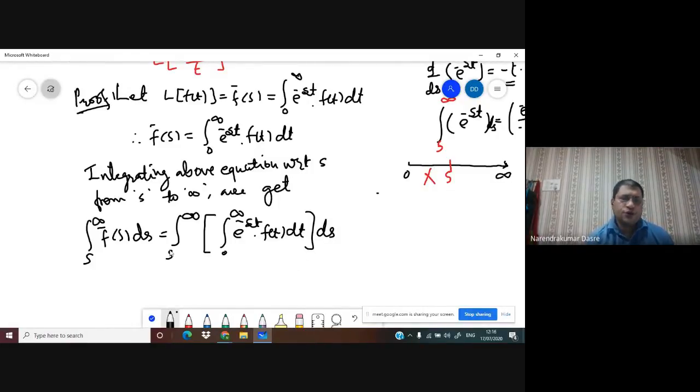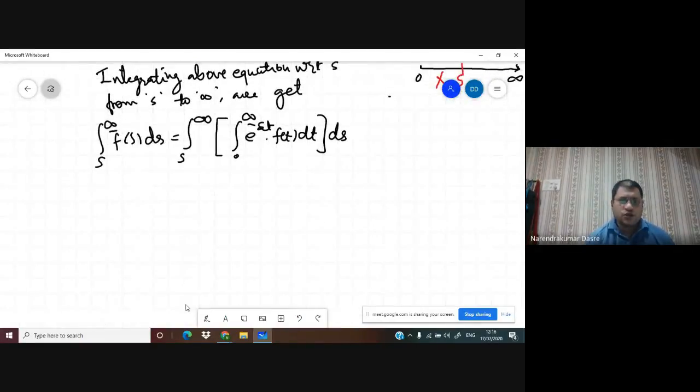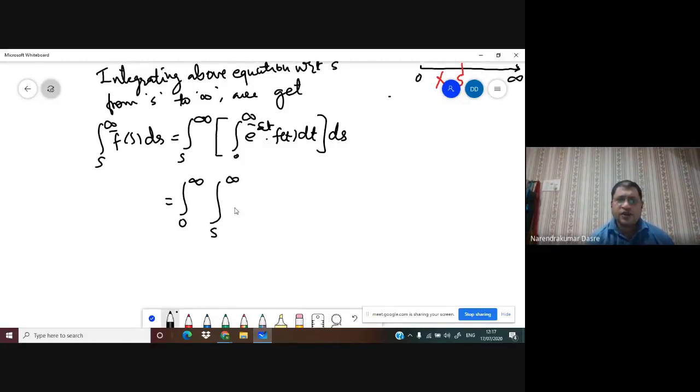Now you know the double integration and the order of this integration. When we consider the order of integration, we always consider the constant limits outside. So I'll have 0 to infinity outside, then s to infinity, e raised to minus st f of t.